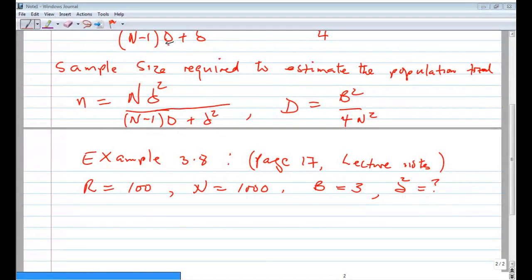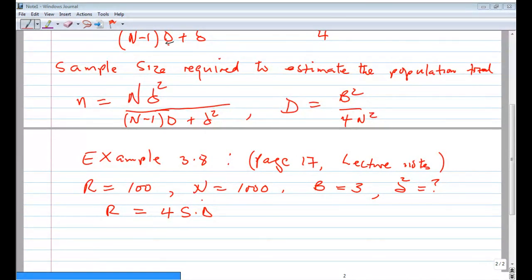If you have not been given a variance but you have been given a range, we know that a range R is always equal to 4 times the standard deviation. That's the formula.